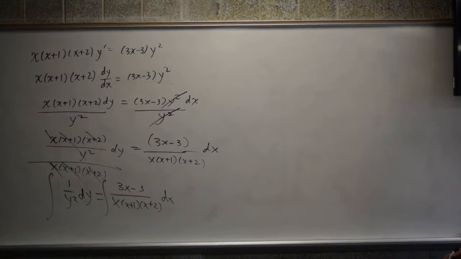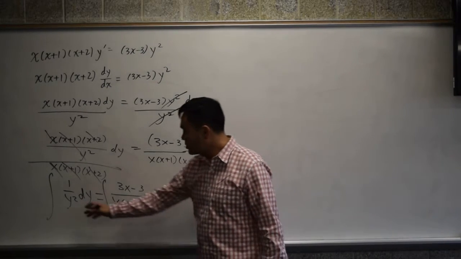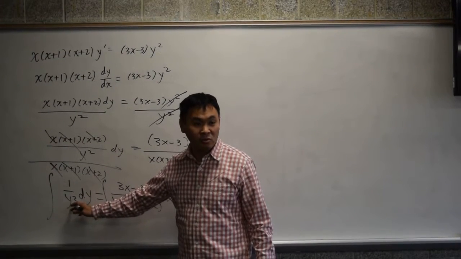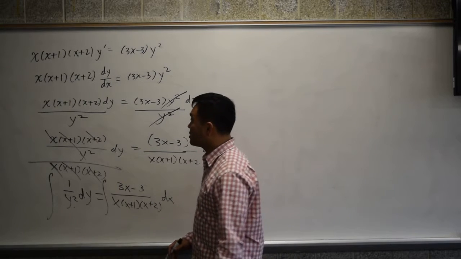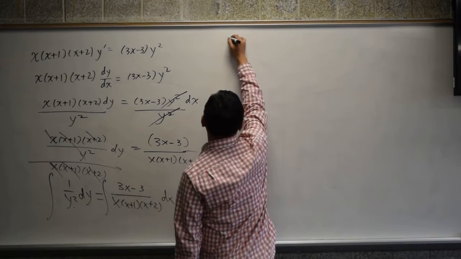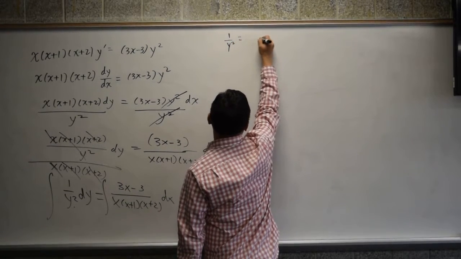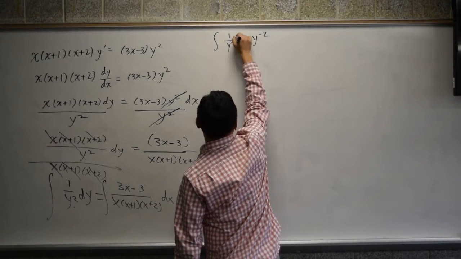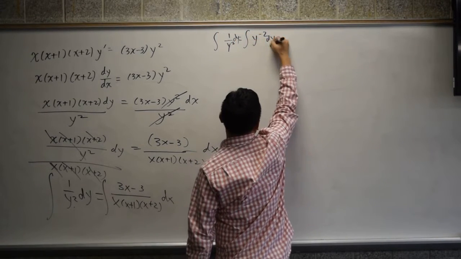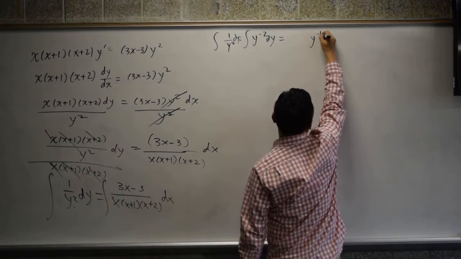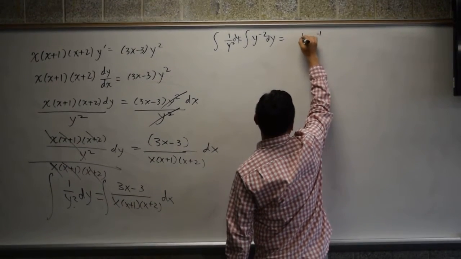Then the next thing you do is, this one's easy to integrate. What's the integral of 1 over y squared? Yeah. So 1 over y squared is y to the negative 2. So if you integrate, you add 1 to the exponent and put the reciprocal of negative 1.